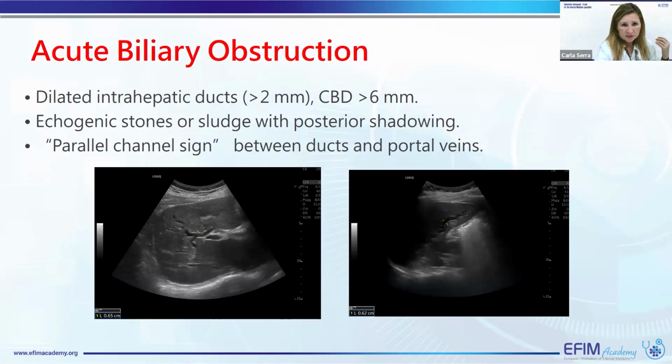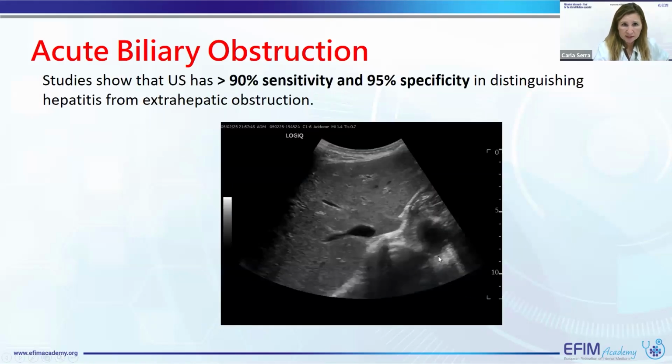And this is the reason why immediately we use ultrasound to evaluate the biliary tract, because if, like in this case, you have dilated intrahepatic ducts, you can also see biliary stones, and you have this typical image of the so-called parallel channel sign, you can make the diagnosis.